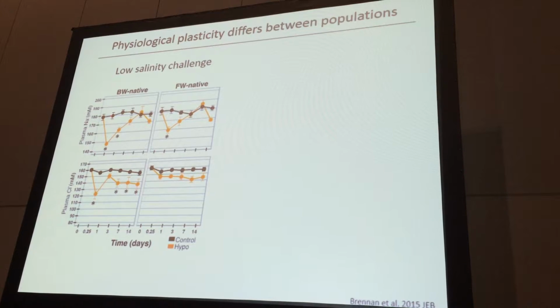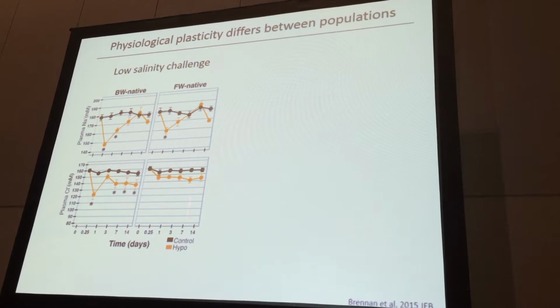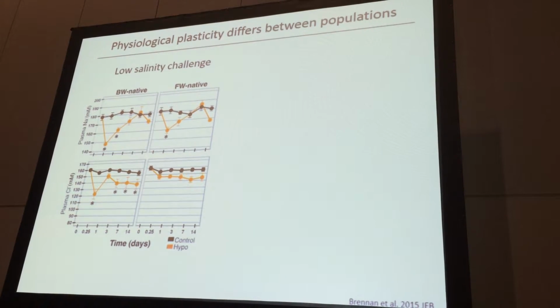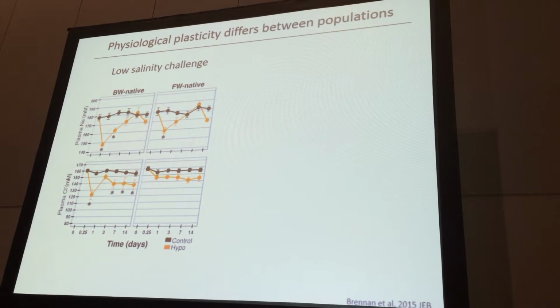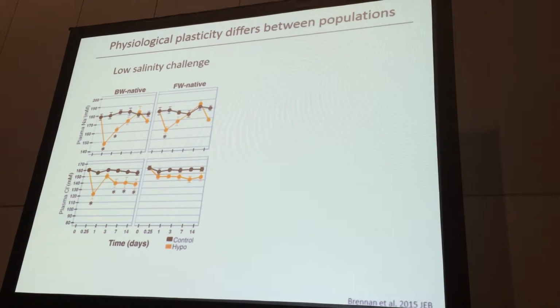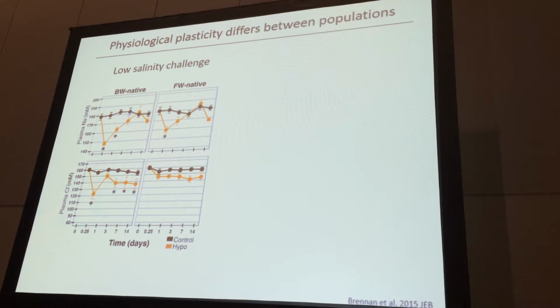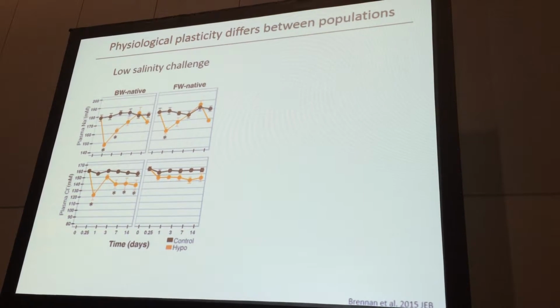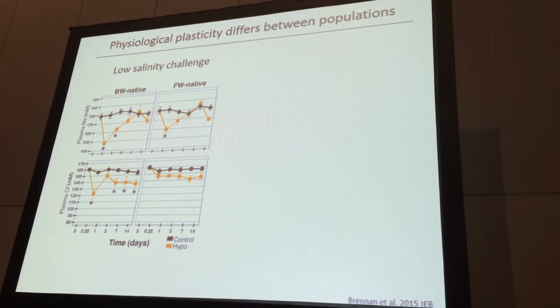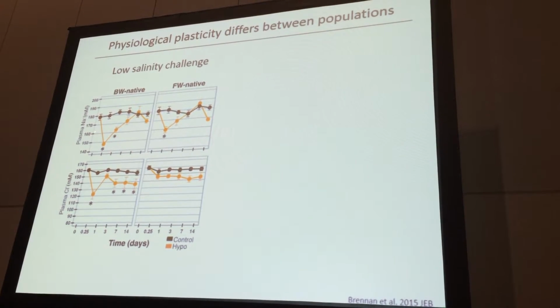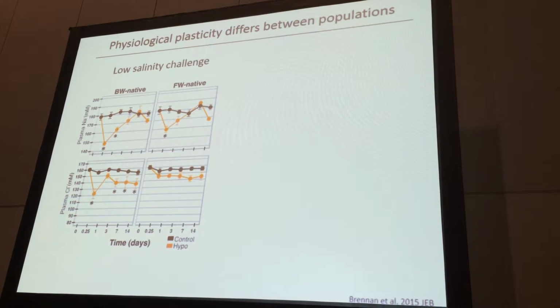On the left here, we have our brackish water native population. On the right, we have the freshwater native population. We have plasma sodium on the top, plasma chloride on the bottom. We use plasma sodium and chloride as they're the 2 main ions that make up your osmolality. Our black lines are our control, and our orange lines are our low salinity challenge.